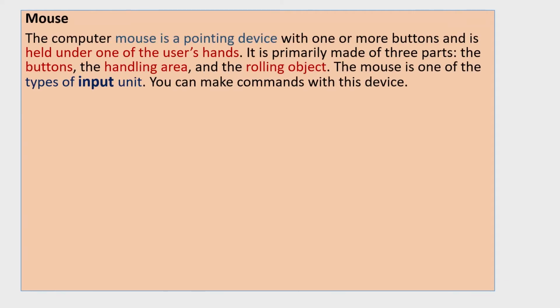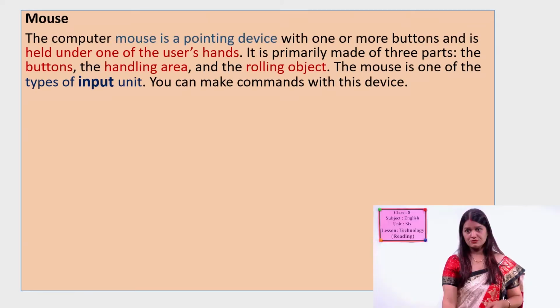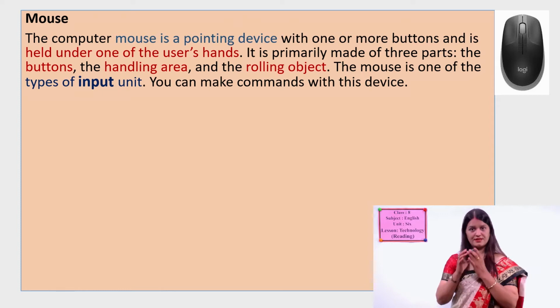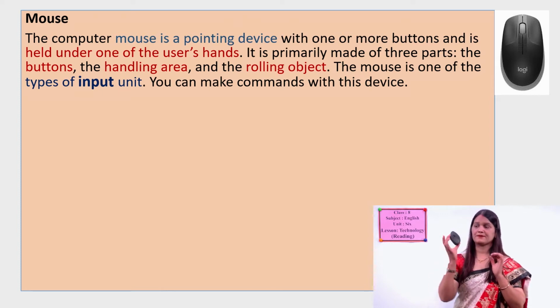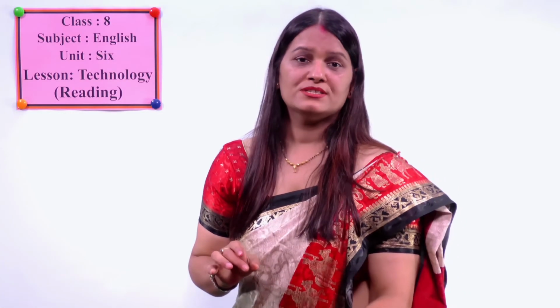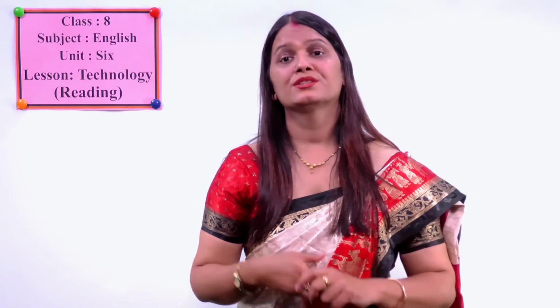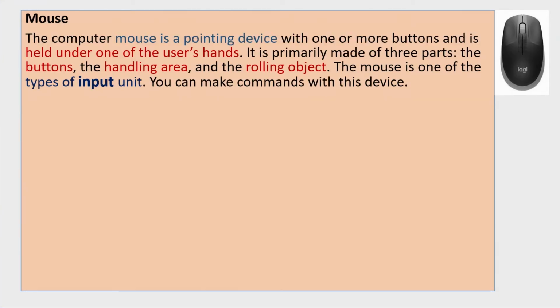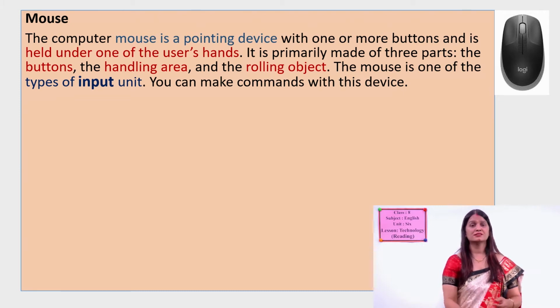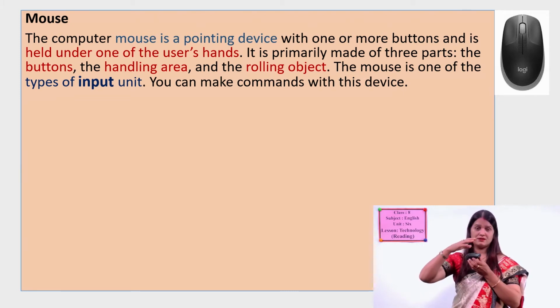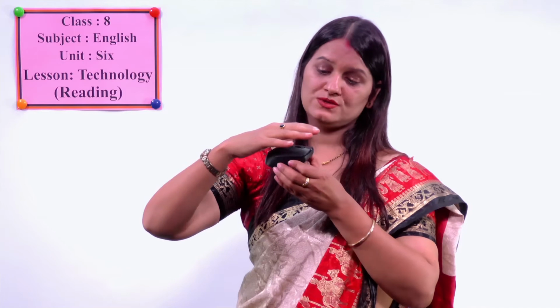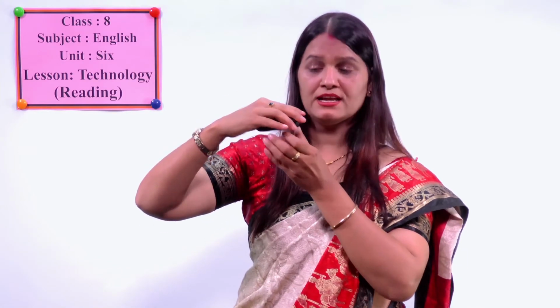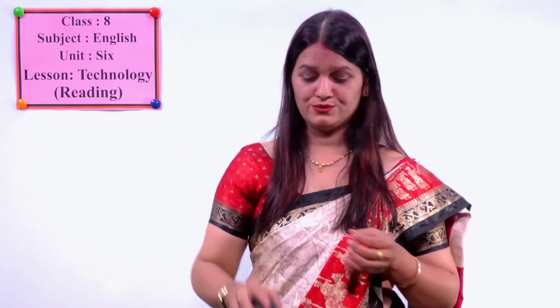It is a mouse. Okay, mouse looks like this type of, look at here, mouse. Okay, the computer mouse is a pointing device with one or more buttons and is held in one of the user's hands. Just like in this way, we will hold and then use it.